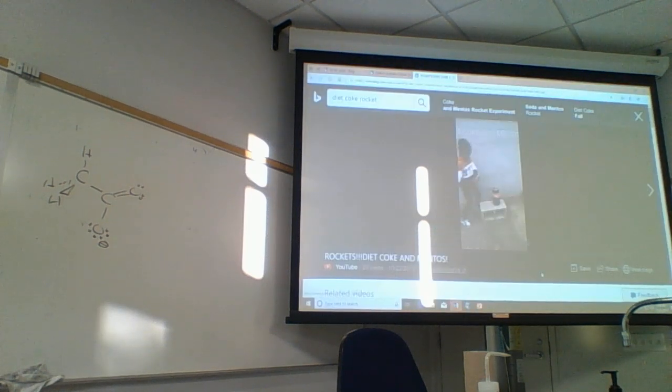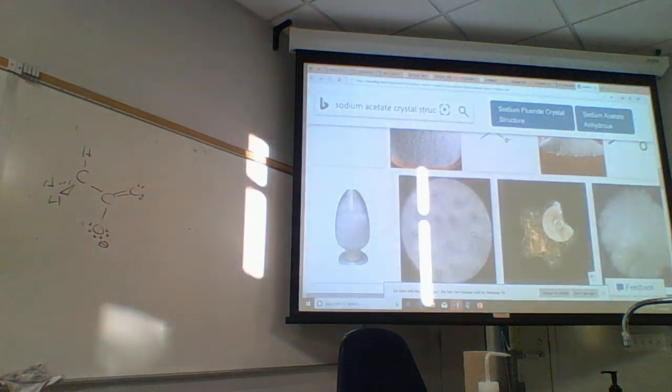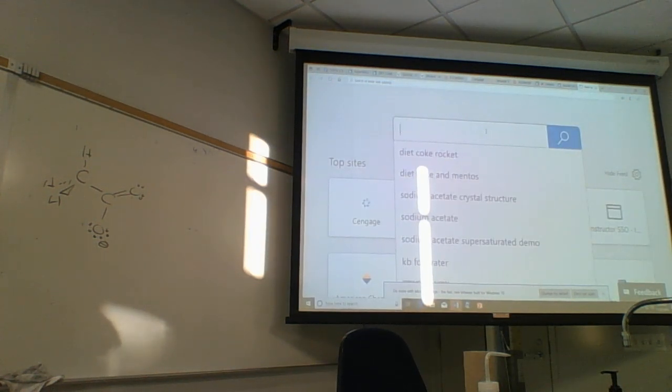Well, let me take a look at the pressure of CO2 in air really quick. You know what the pressure of CO2 in air is? Well, it depends on the percentage. So let's look at the composition of air.